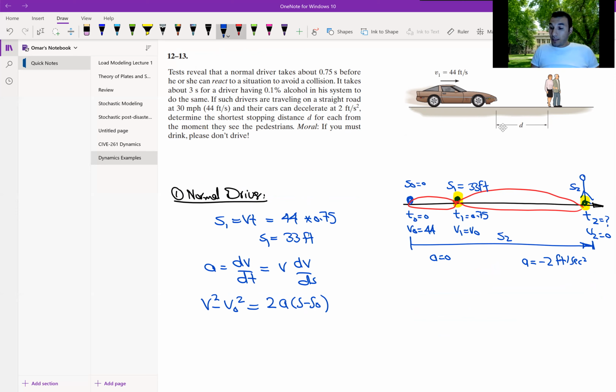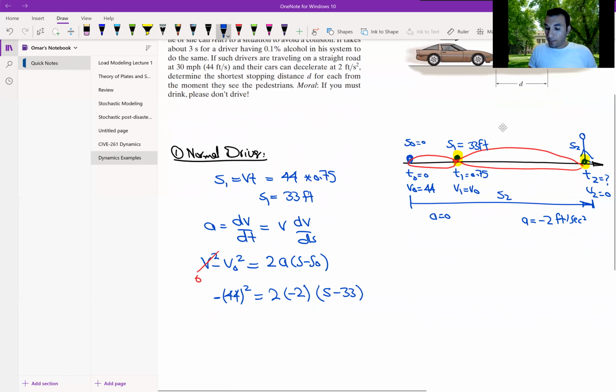We know that v here is 0, and we know the v0 here, so we will get 44 squared, and we know that a is -2, and we have s0, which is 33 foot. This s is what we need to get, so we need to solve this for s.